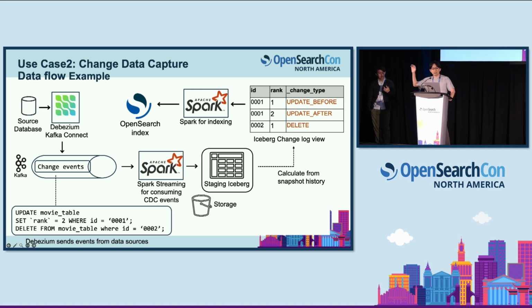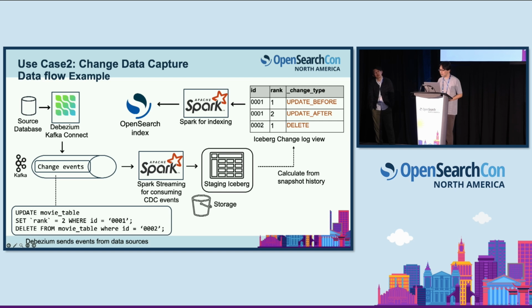I will introduce an example architecture and data flow. Debezium captures change events from the source database and sends them to Kafka. Then a Spark job below consumes those events and reflects them in the staging table on the storage, an Iceberg table. This way, we are replicating the source database on our storage layer, and since it is in Iceberg format, we can use it from various tools as needed, including OpenSearch.